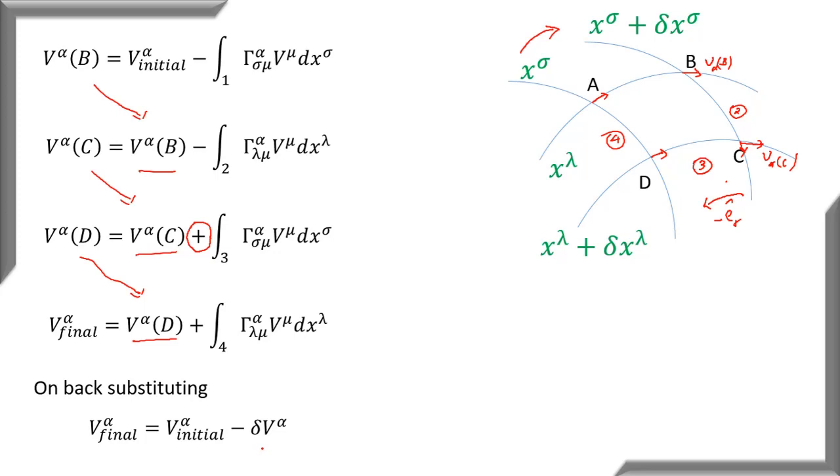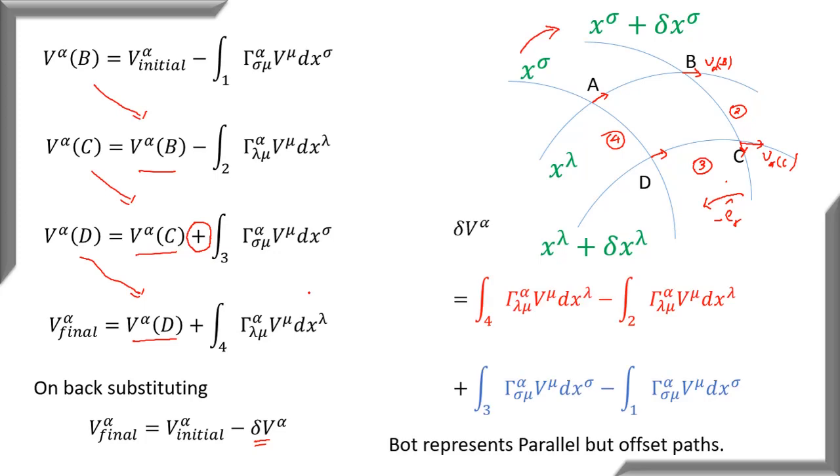That is, these 4 integrals actually tell me how much it has deviated from its initial and final positions. So V alpha final is equal to V alpha initial minus this deviation, which is written using 4 integrals. So the delta V alpha is the integral over the fourth direction, integral over the second direction, integral over the third direction minus integral over the first direction.